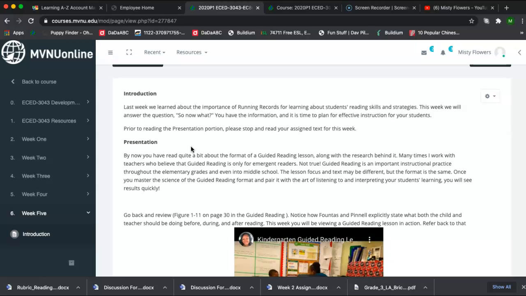As I've said before, Fountas and Pinnell are the gurus of guided reading. When I was coaching teachers and when I was in the classroom teaching guided reading, this text was my Bible. My first edition has Post-it notes stuck everywhere, highlighting everywhere.